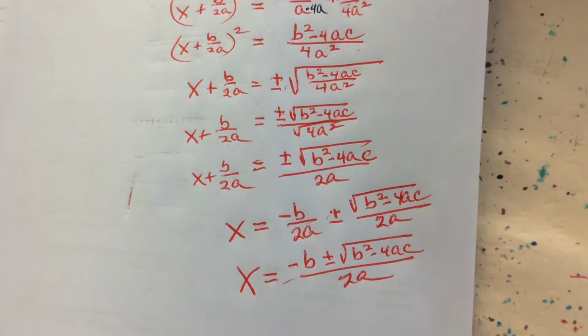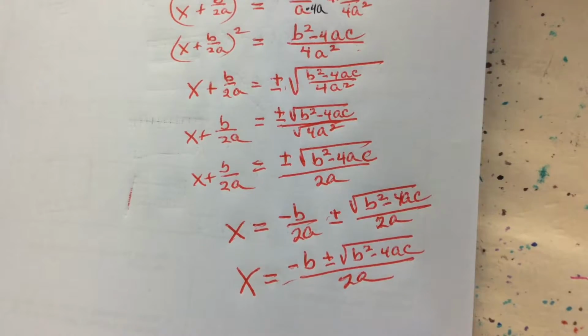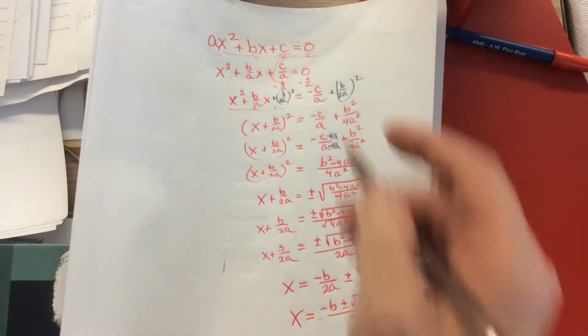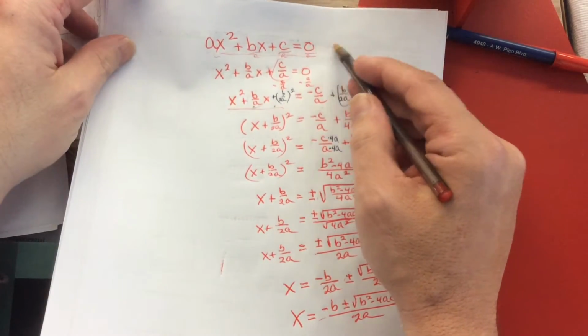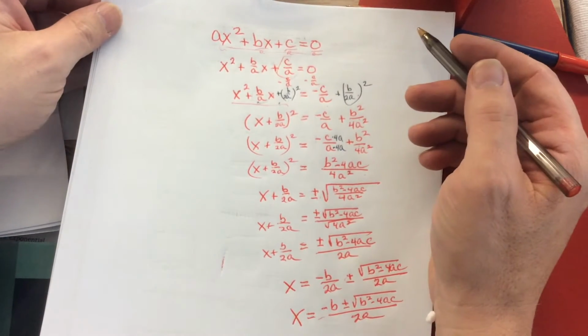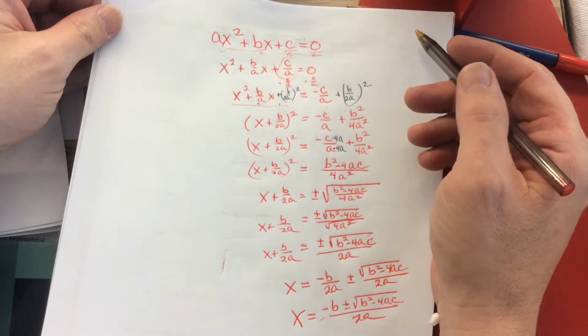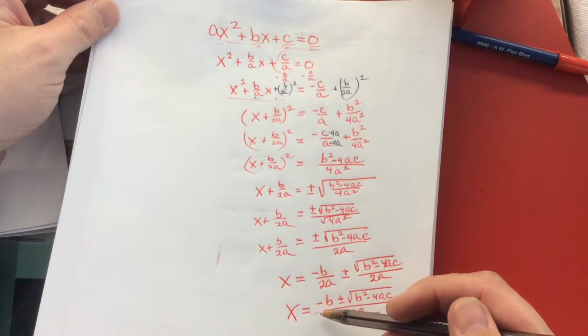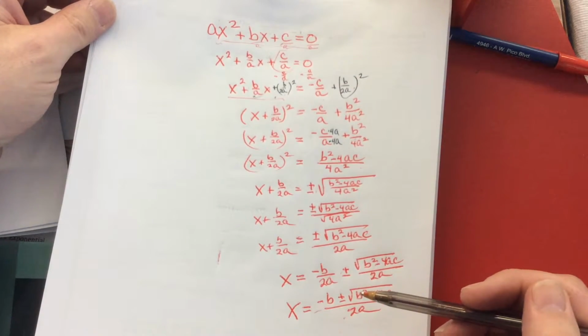Does that sound familiar? It is. And you get the quadratic formula by starting with the standard form of the equation, completing the square, going through all of this work to get to here.